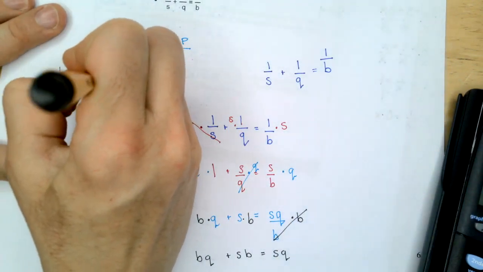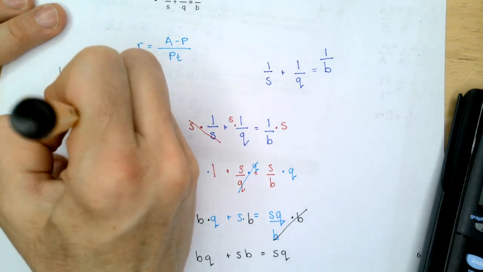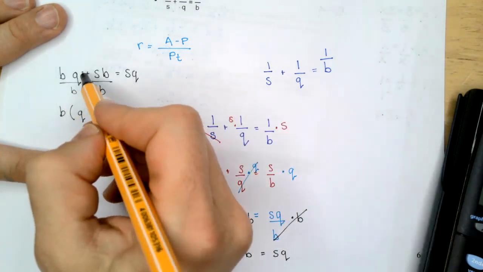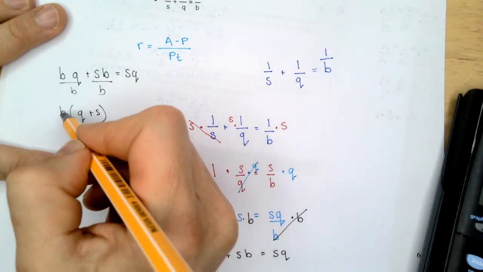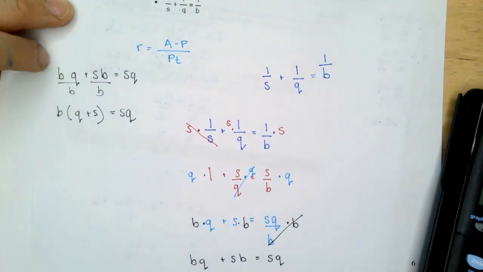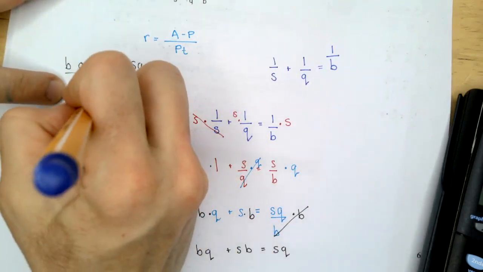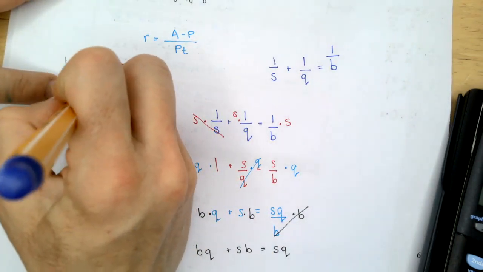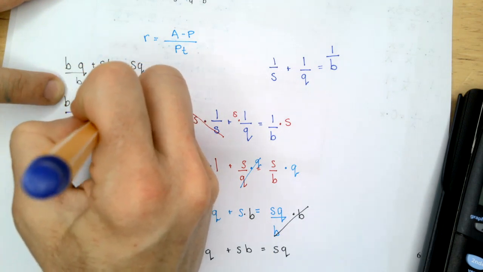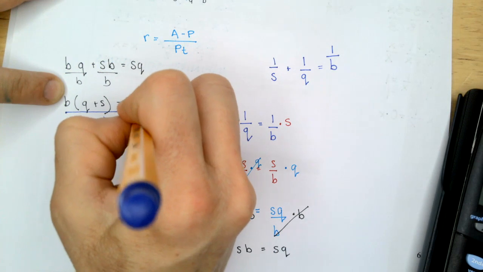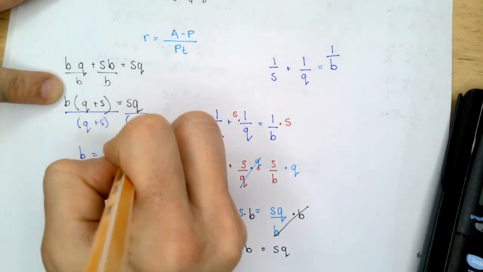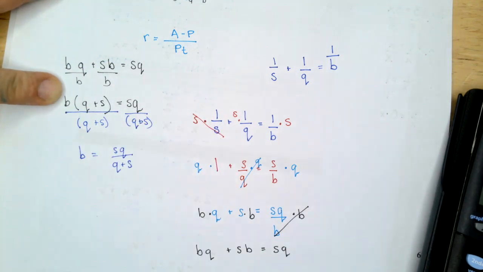You can divide this by b, divide this by b, call this b times q plus s. bq plus bs or sb is the same as b times q plus s, right? Equals sq. Solving for b, so now I'm going to just move that whole binomial, it's being multiplied by b. B is sq over q plus s, or s plus q.